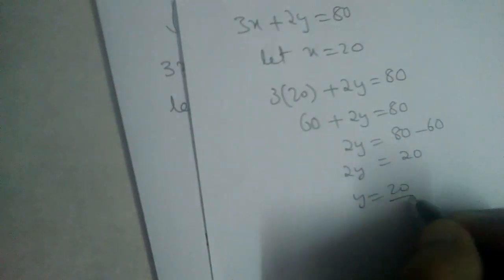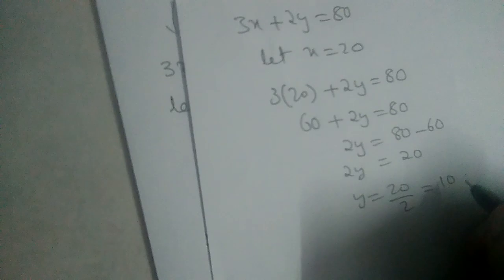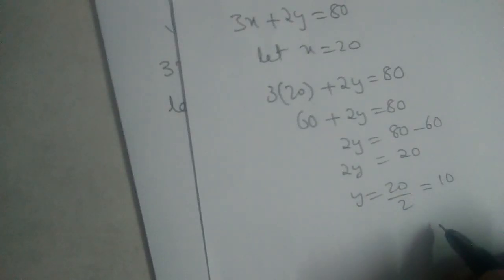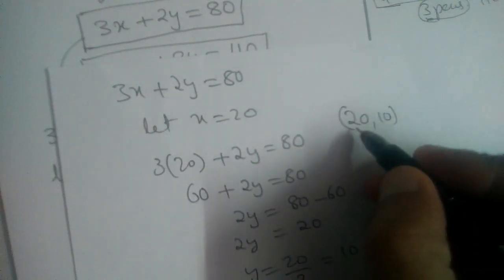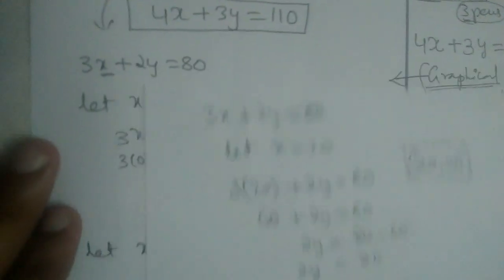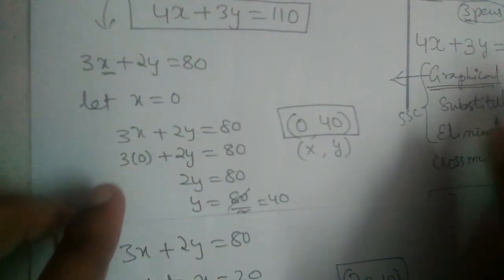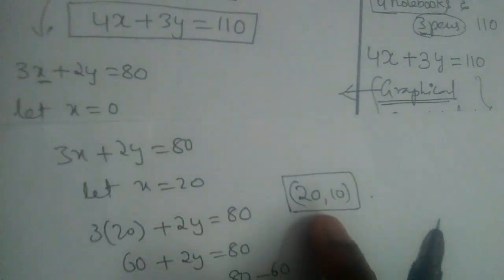So y is equal to 20 divided by 2, which gives us 10. So we got the value of y as 10. So the third point is 20 comma 10. So we have 3 points now: 0 comma 40, 10 comma 25, 20 comma 10.